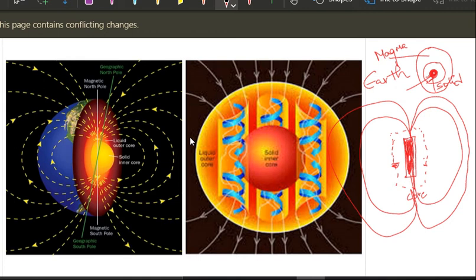Till now there have been 170 changes in this flow of magma, which gives rise to changes in the magnetic poles. After the formation of Earth till now, there have been 170 changes of these magnetic poles.